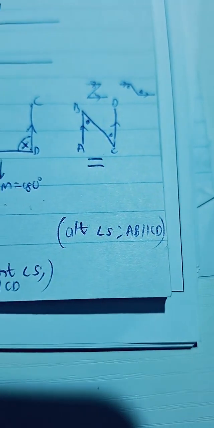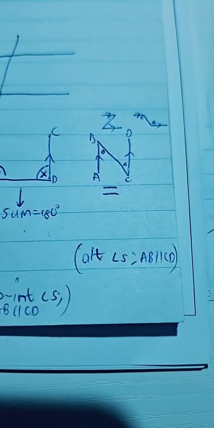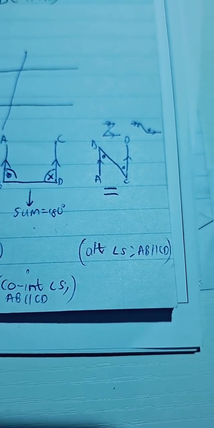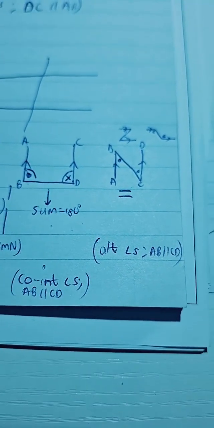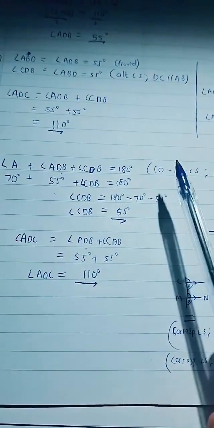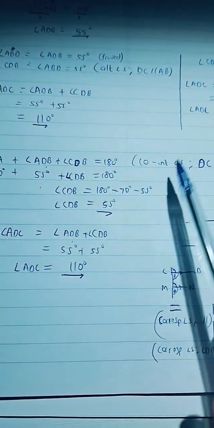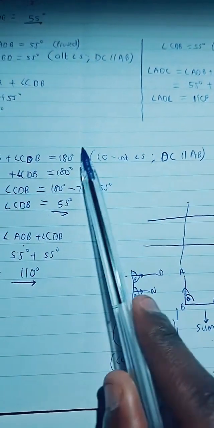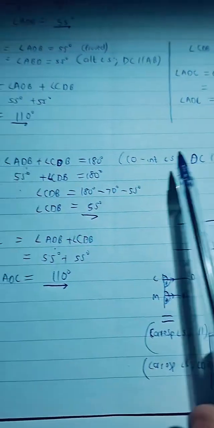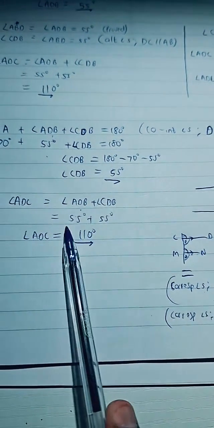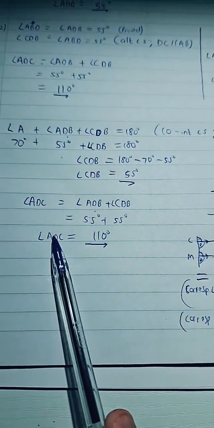Then we have alternate angles, your Z, your N shape if you want. Those angles in that position, we would say that those angles are equal. So if you go back to the way in which I worked out the angles previously in the problems that I used, you see me using co-int angles and stating the lines that are parallel when I was trying to find angle CTB, which would help me determine angle ADC.